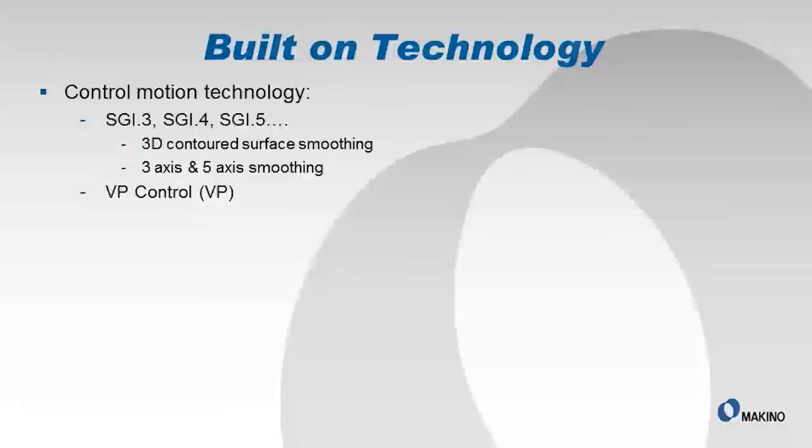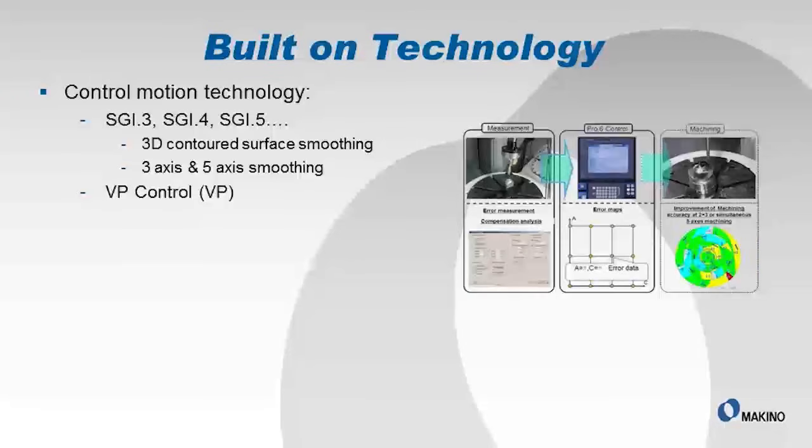VP control is also a development here recently, particularly in the 5-axis market. What we're doing in VP control is you realize that as you tilt and rotate, there are minute little errors, and in order to get the most tight volumetric accuracy, what we do is we'll go in and actually measure X, Y, Z tilt rotary axes and do an error table or an error plot, which gives us an error map, which you can kind of see there on the right-hand side in the center.